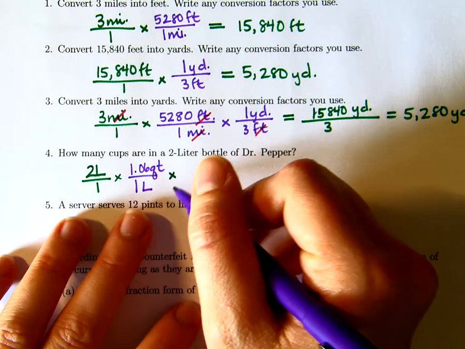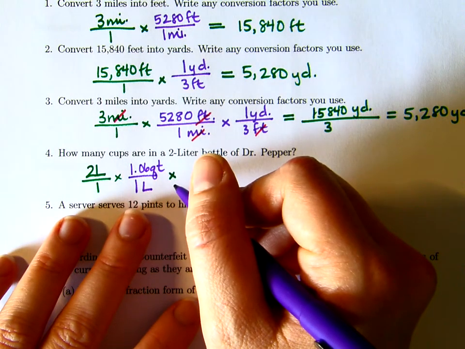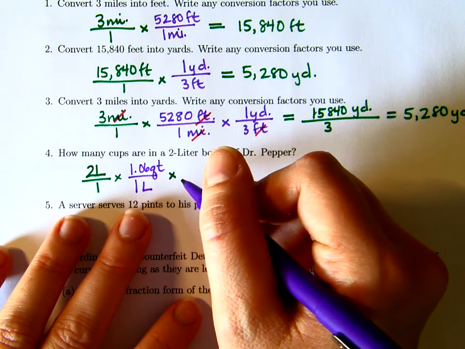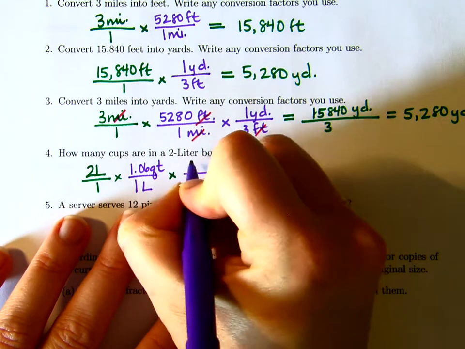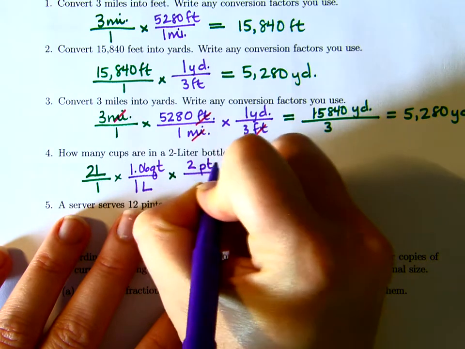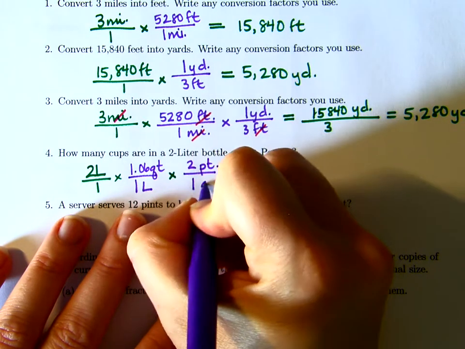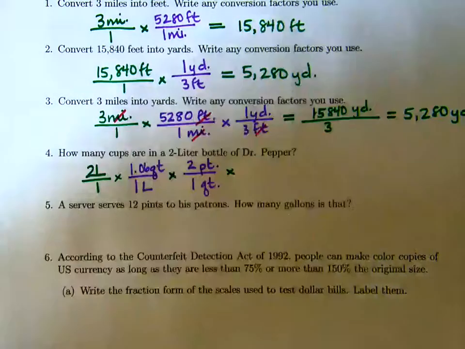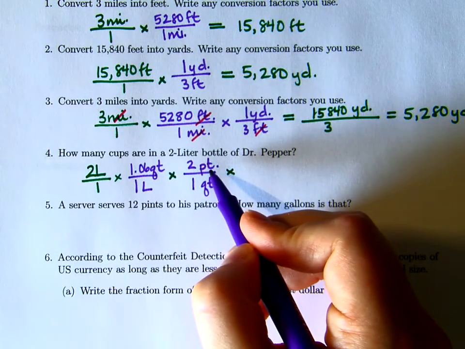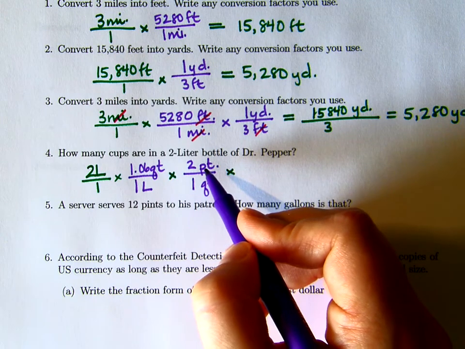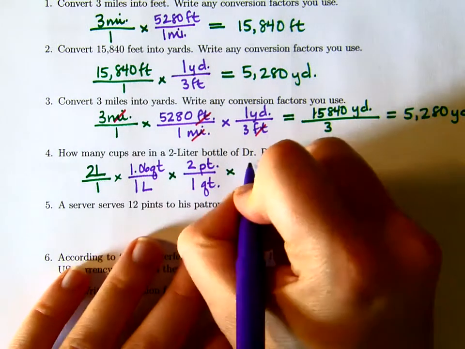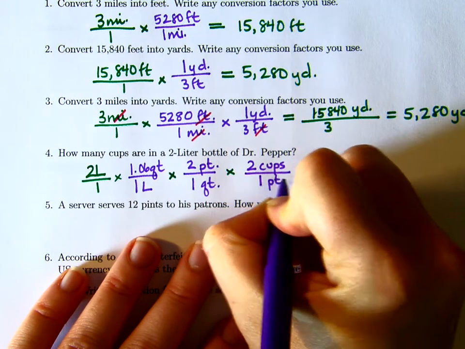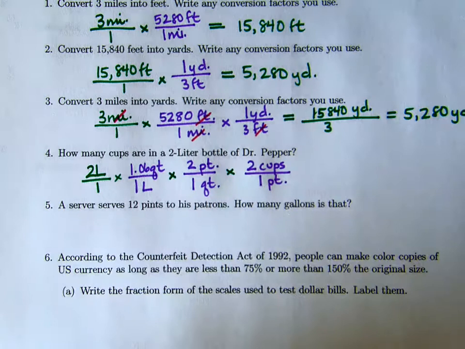Anyway, and then we said that once we are in quarts, each quart is 2 pints. So 2 pints in each quart. And then we could go from pints into cups. So what did it say? 2 cups in each pint. 2 cups in 1 pint. All right.